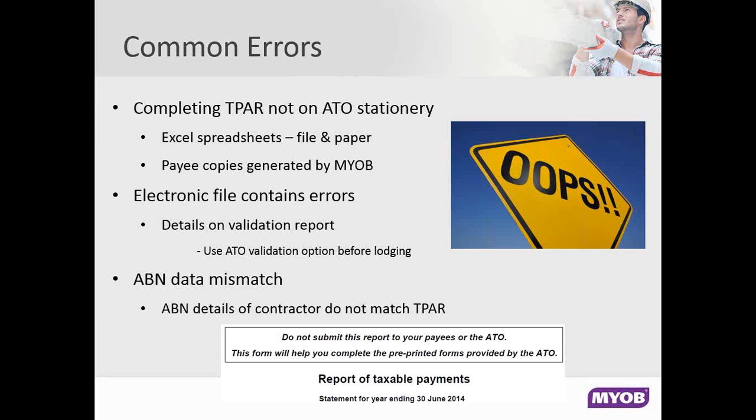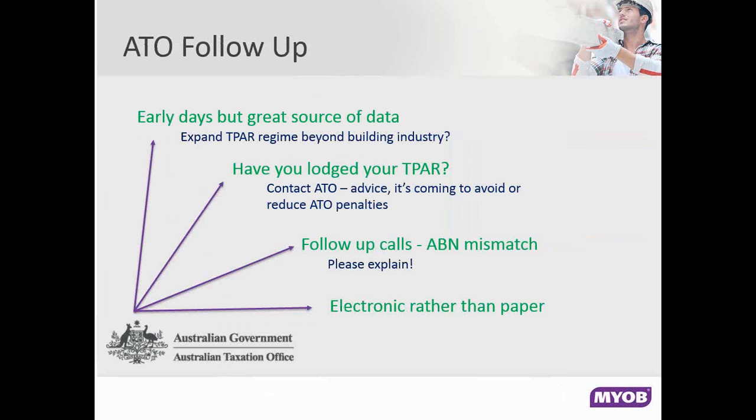So there's a data mismatch in that Richard Puff does not equal BHP, and the ATO are seeing a lot of this, and they're going to start telephoning people about why. And that's exactly one of the follow-ups that the ATO is doing.